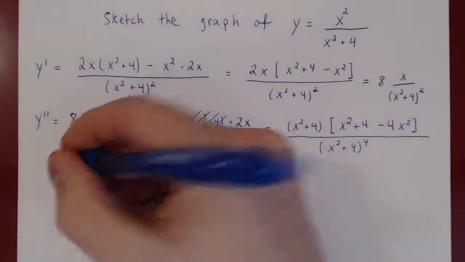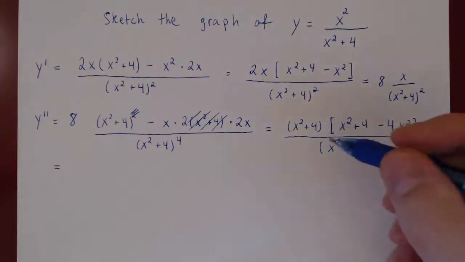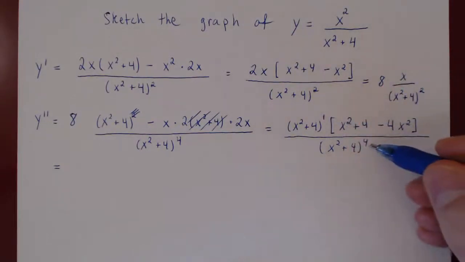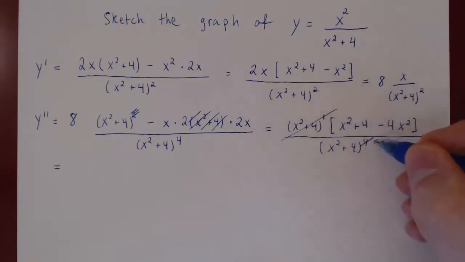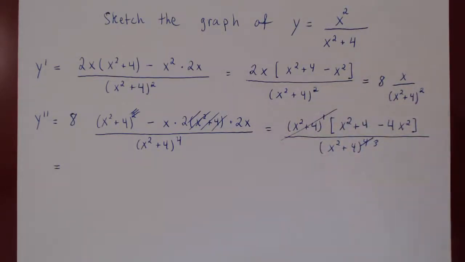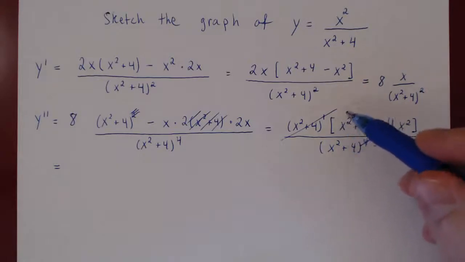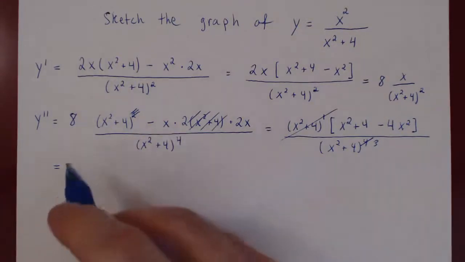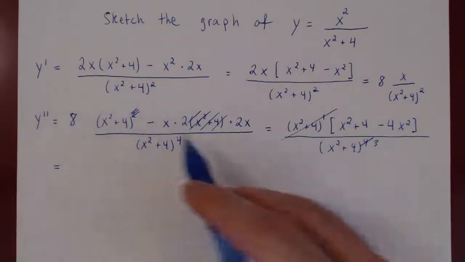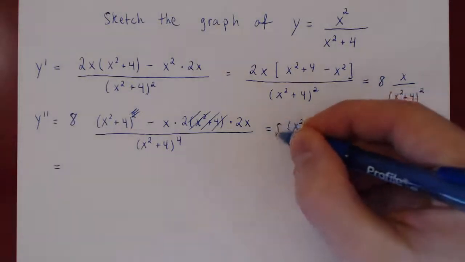And now we can simplify. This is a power of 1. 4 minus 1 is 3. So this cancels this, and we have now a power of 3. And on top we're left with 4. x squared minus 4x squared is minus 3x squared. Oh, and I forgot my 8. The 8 stays up front.